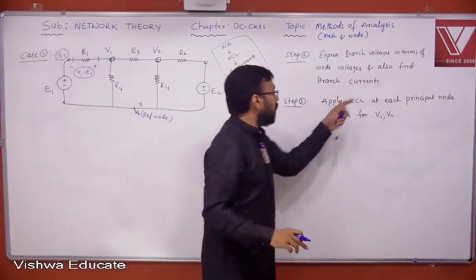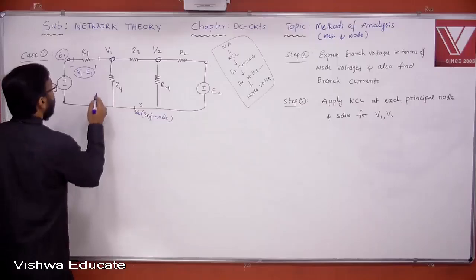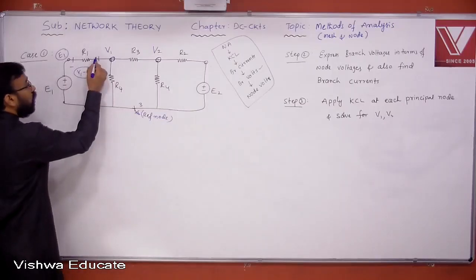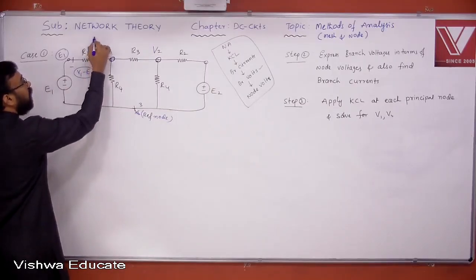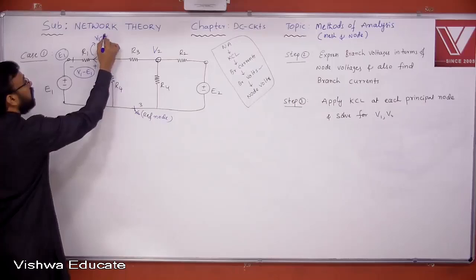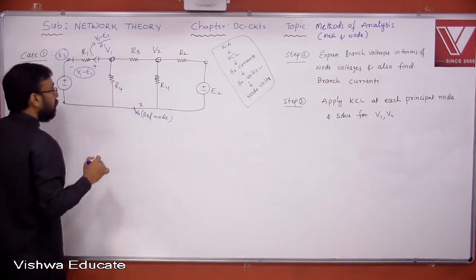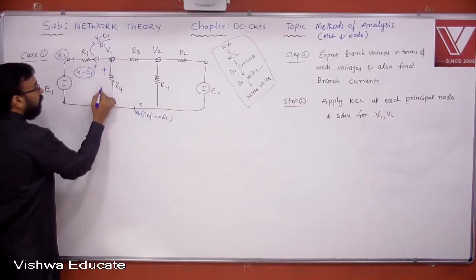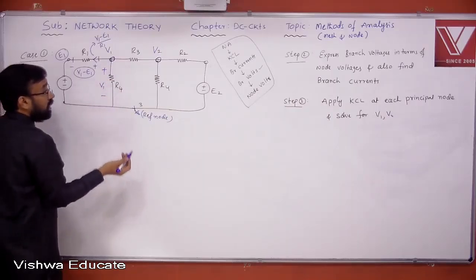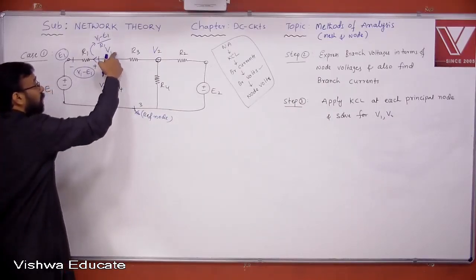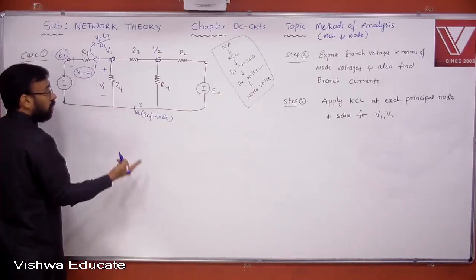Also find the branch current. Okay? Now, what is the direction of current? If you know the polarities, you know the direction of current. What is it? V1 minus E1 by R. Clear? Similarly, here the branch voltage and node voltage are the same, because this element belongs to the first node and the zero node, the reference node.